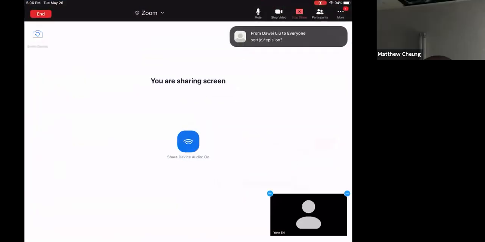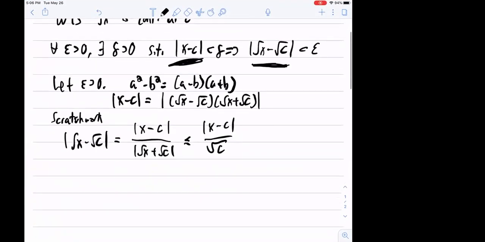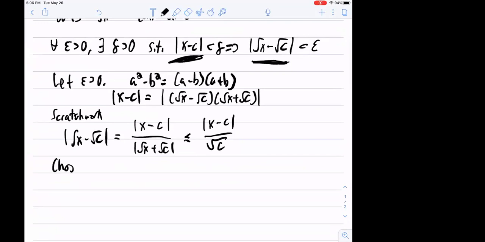This should not be that hard. Yeah, square root c times epsilon. So choose delta equal to square root c times epsilon.